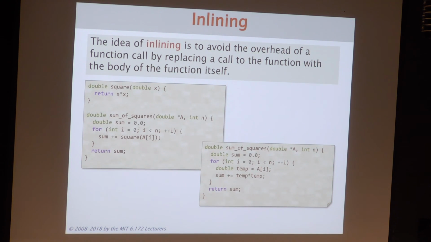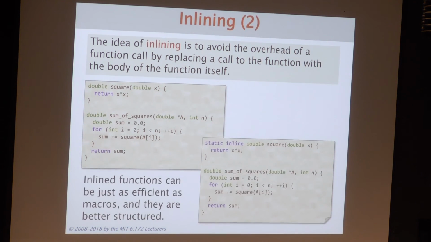You don't actually have to do this manually. If you declare your function to be static inline, then the compiler is going to try to inline this function for you by placing the body of the function inside the code that's calling it. Nowadays, the compiler is pretty good at doing this, so even if you don't declare static inline, the compiler will probably still inline this code for you. But just to make sure, if you want to inline a function, you should declare it as static inline.